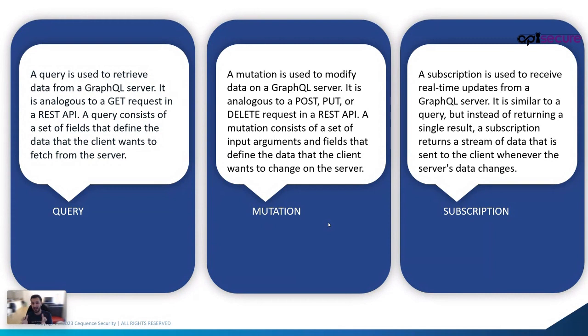Mutations are analogous to POST, PUT, and DELETE requests. So if you want to change any data on a GraphQL server, you need to use a mutation query. We'll be discussing an authentication bypass flaw with the help of this mutation query. And subscriptions are real-time updates. If you send a subscription request, you will get to know what is happening in real time on the server.